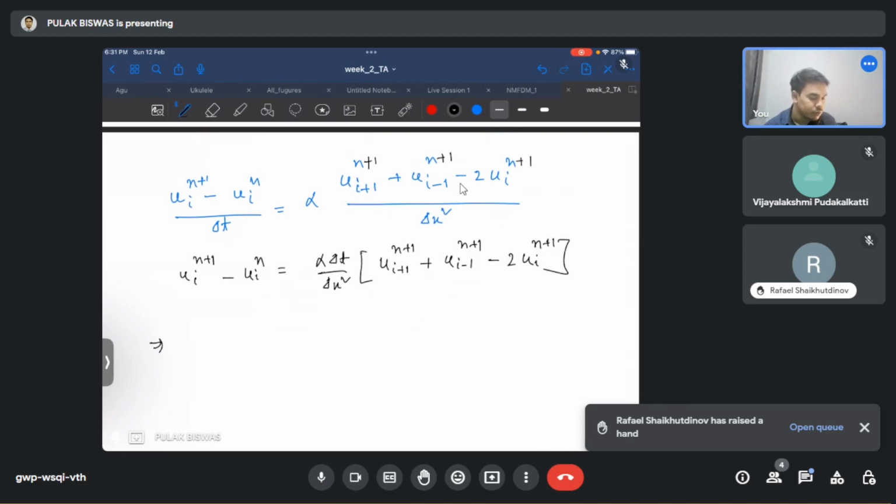Now you see the scheme becomes like this.